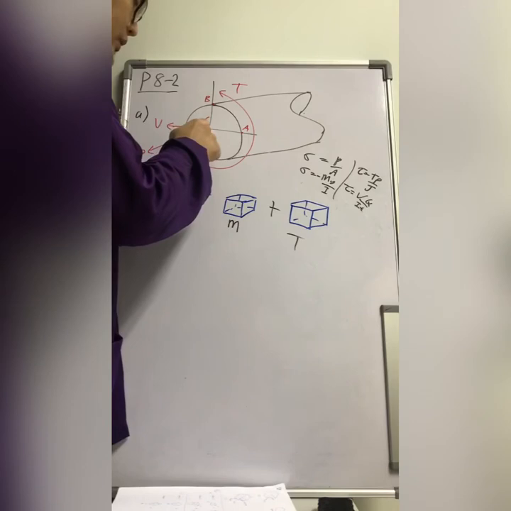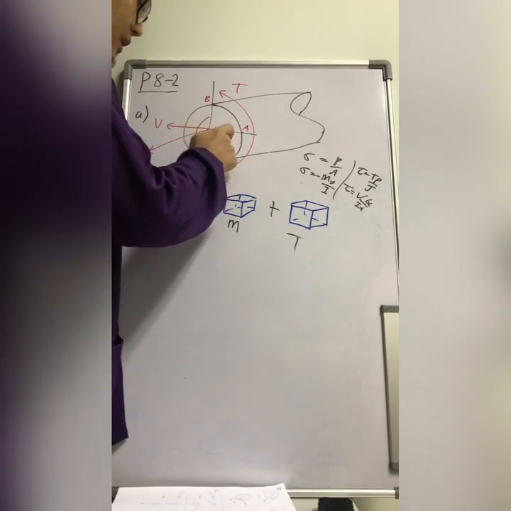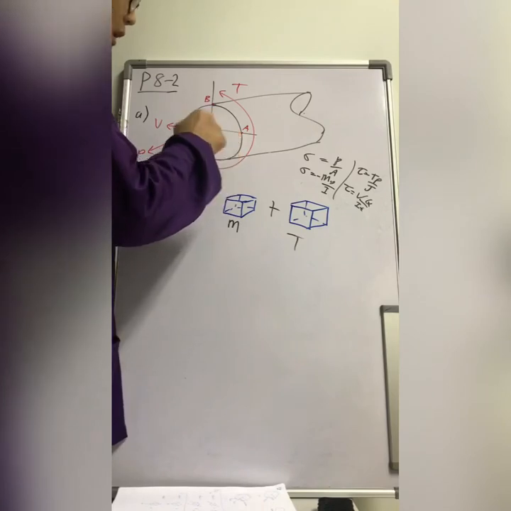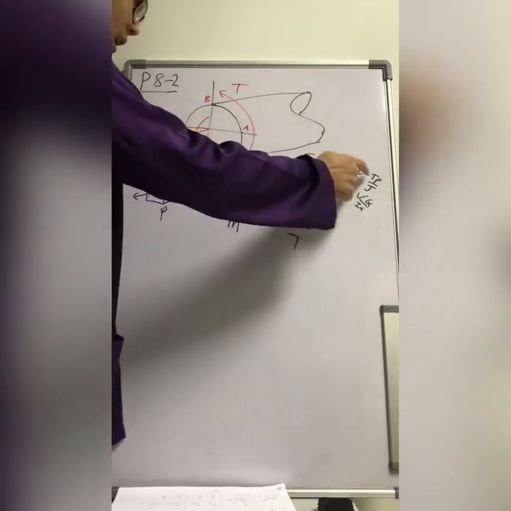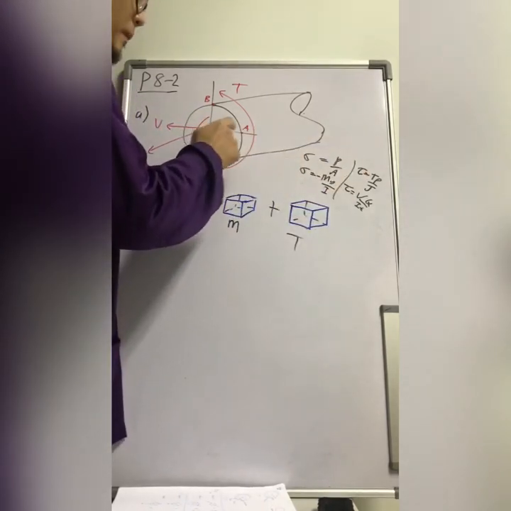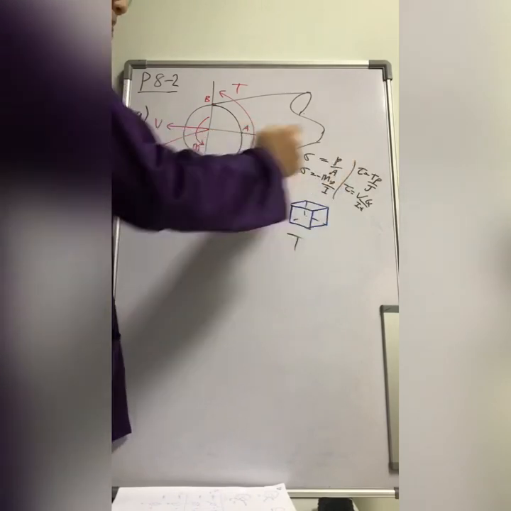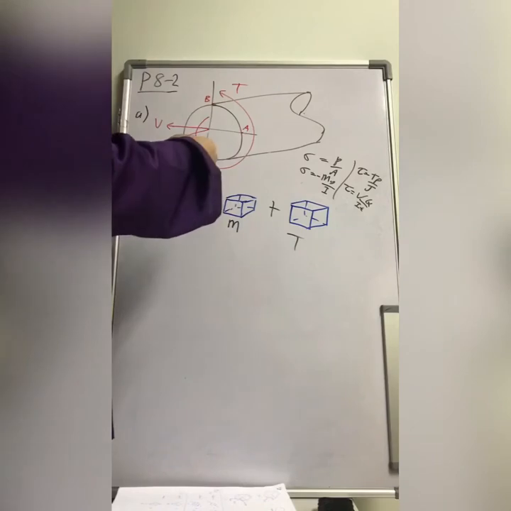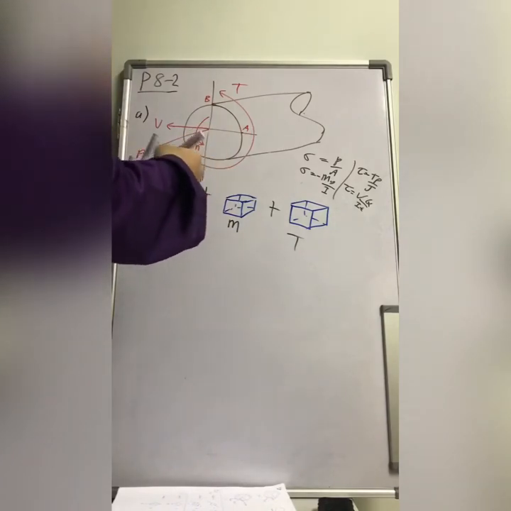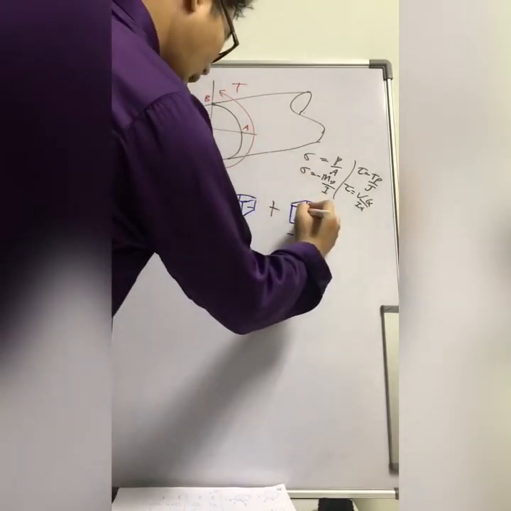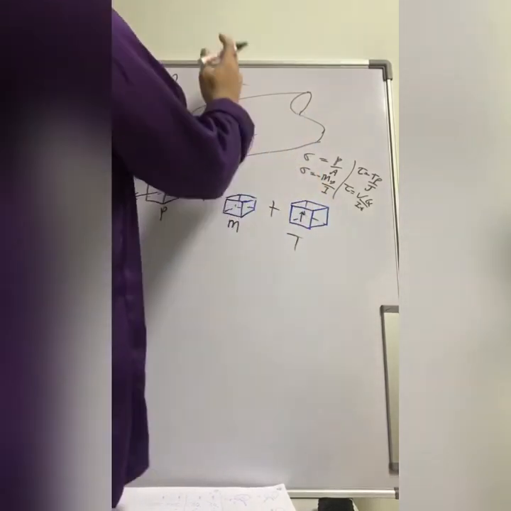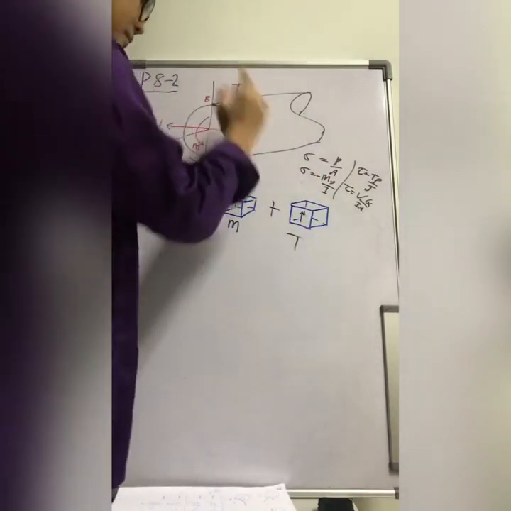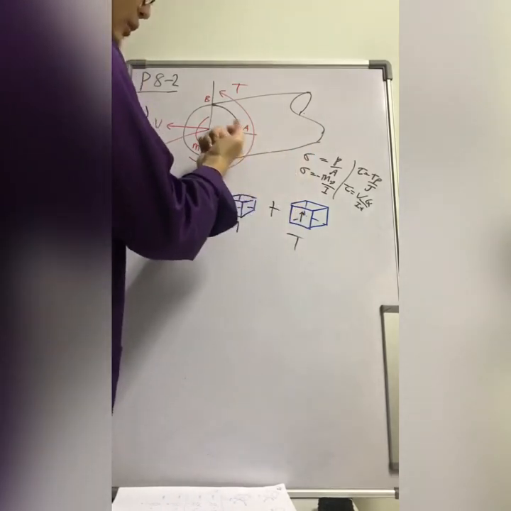Rho is 0 at the center and increases until rho reaches c, the radius. So for this T, rho is 0 here, and here rho is maximum. The direction of this rho goes up about this surface, because T goes this way, so it goes up at the surface of A.